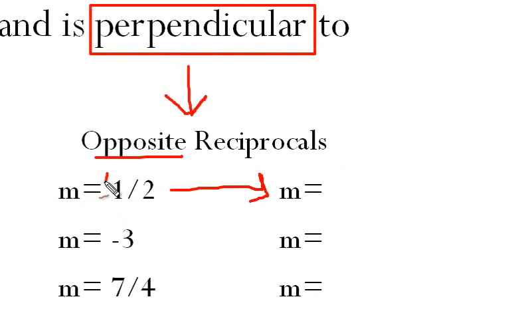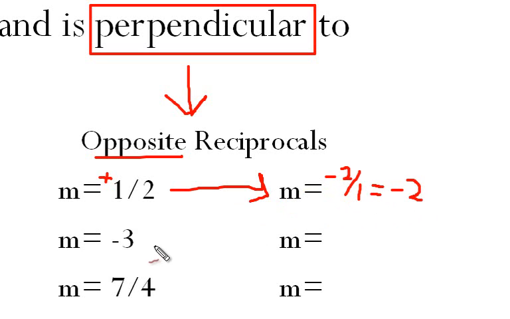Since this is positive, we're going to do the opposite, so we're going to change it to negative. And then reciprocal means that we flip the fraction. Instead of 1 divided by 2, we're going to have 2 divided by 1, which is negative 2 divided by 1, that equals negative 2.